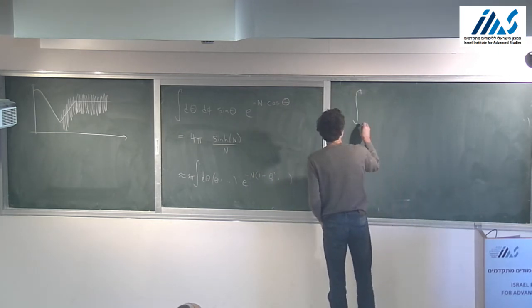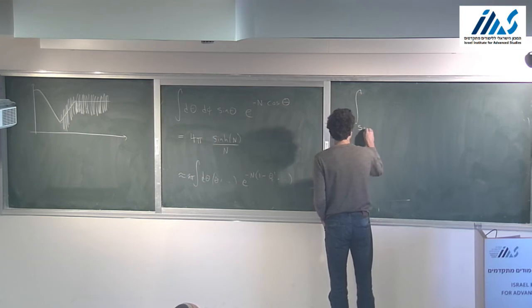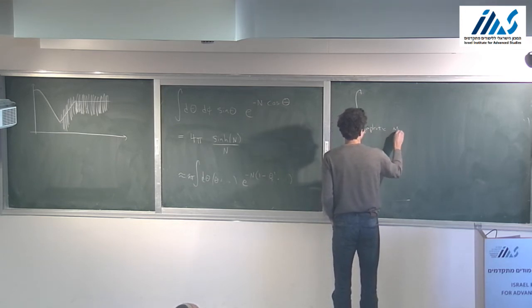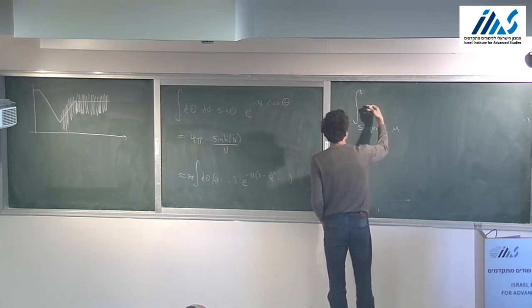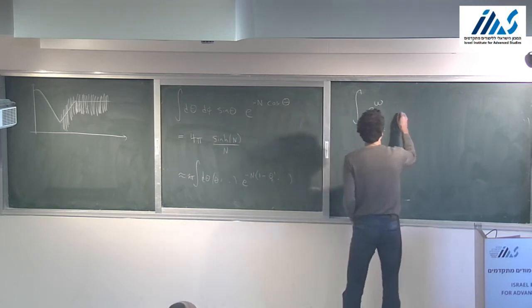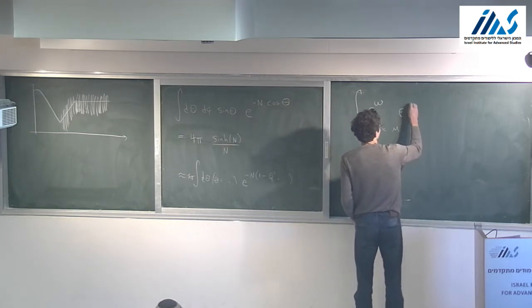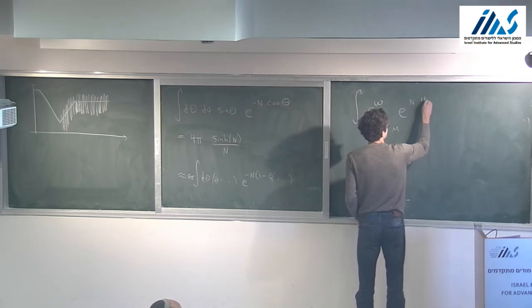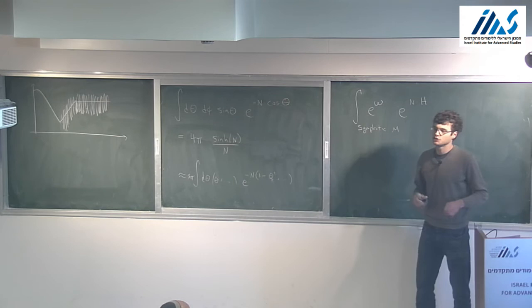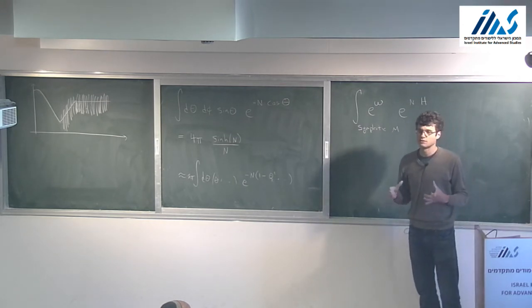It corresponds to integrals over some symplectic manifold, with the symplectic measure, so sometimes that's written as e to the omega, where omega is a symplectic form, of e to the minus n times some Hamiltonian, where the Hamiltonian is a symplectic generator of a U(1) symmetry of the symplectic manifold.